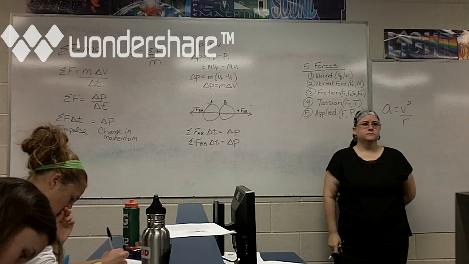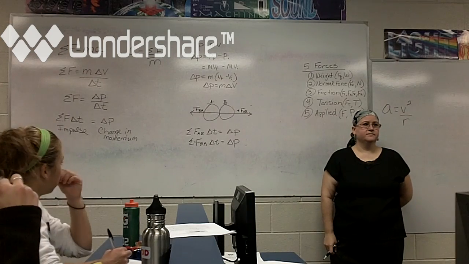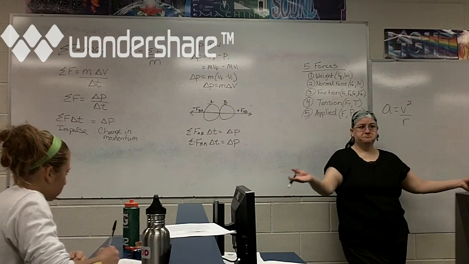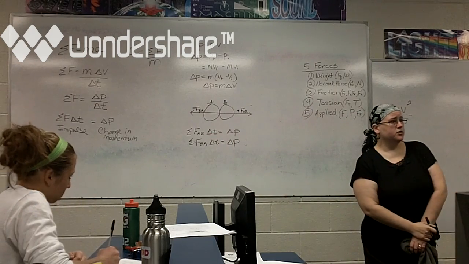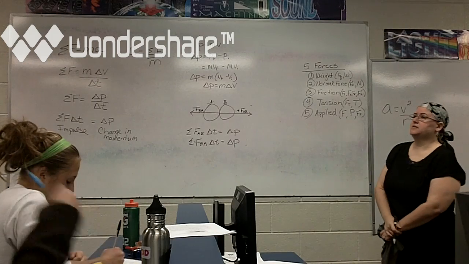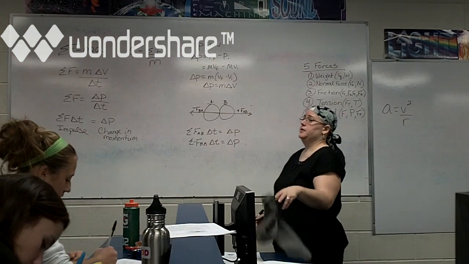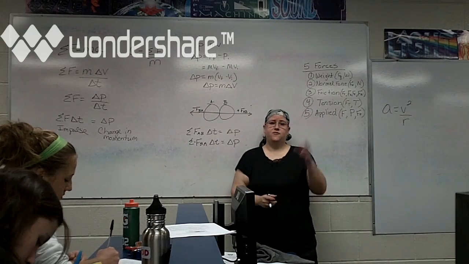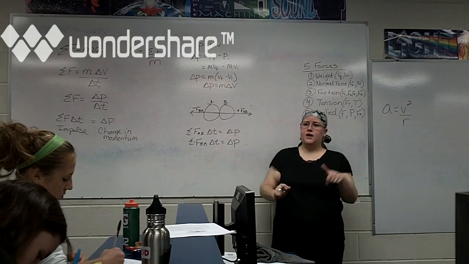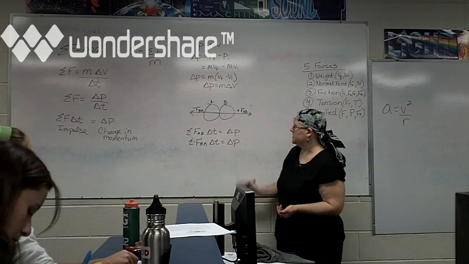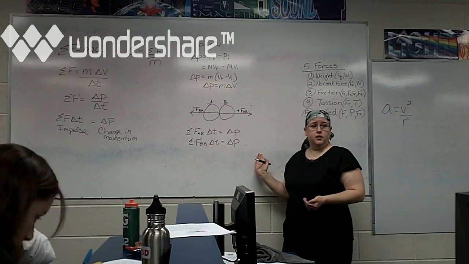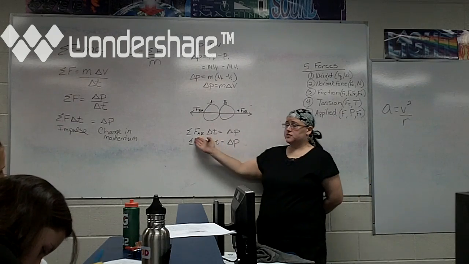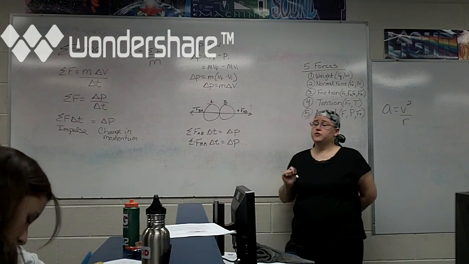Okay, because Newton's second law, right? Newton's second law related the force to the change of momentum. So if Newton's second law says basically that the rate of change of the momentum is equal to the force, Newton's third law says that if A acts on B and B acts on A with equal forces in opposite directions, then this is true because the forces are equal but opposite. This is the change of momentum for that, and this is the change of momentum for that.